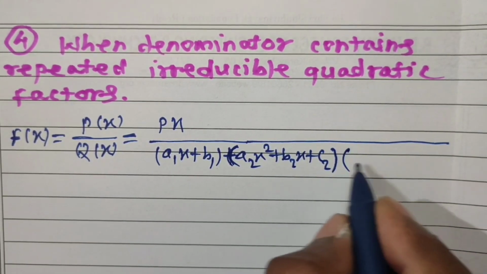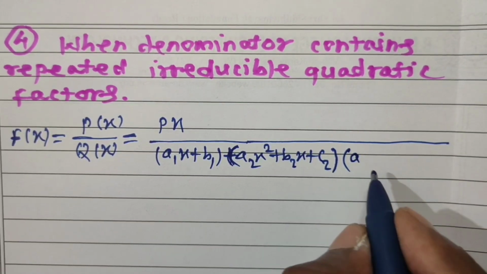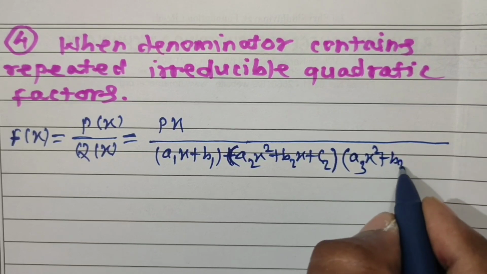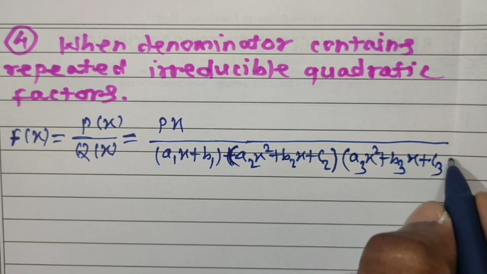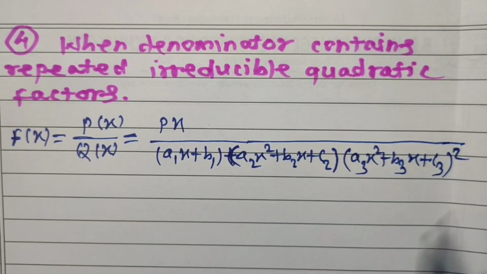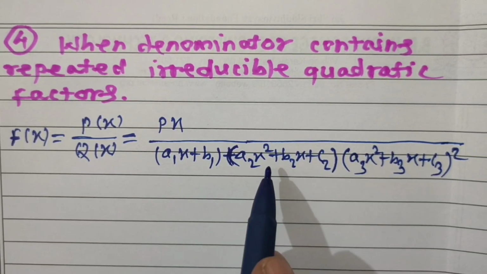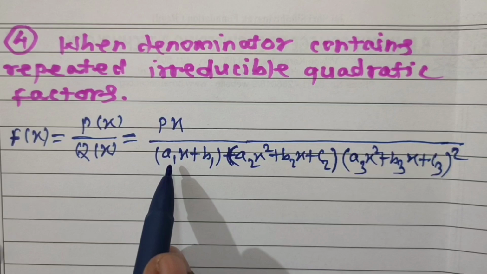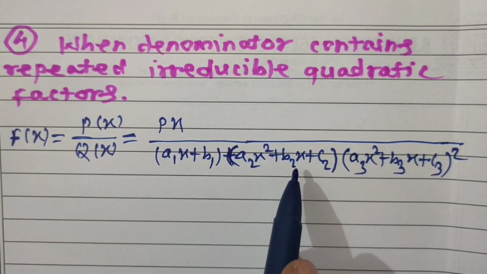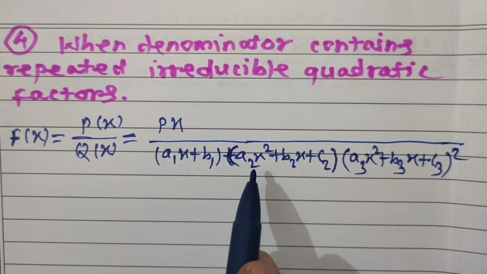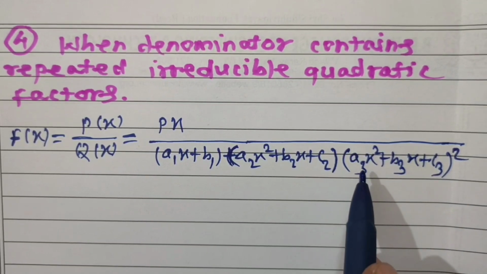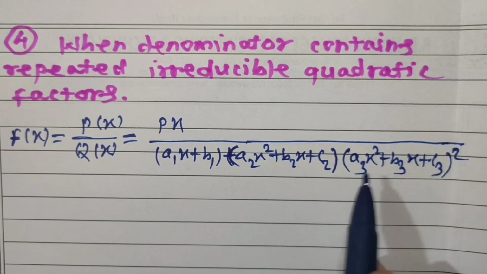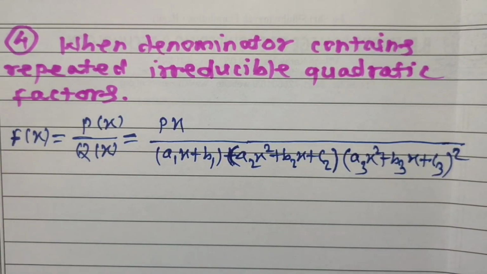Third factor is also quadratic, irreducible, a3x square plus b3x plus c3, and suppose this is repeated for 2 times. For the linear factor you have to apply type number 1. For the quadratic factor which is non-repeated you have to apply type number 3. And for the quadratic factor which is irreducible and repeated for 2 times you have to apply case number 4.